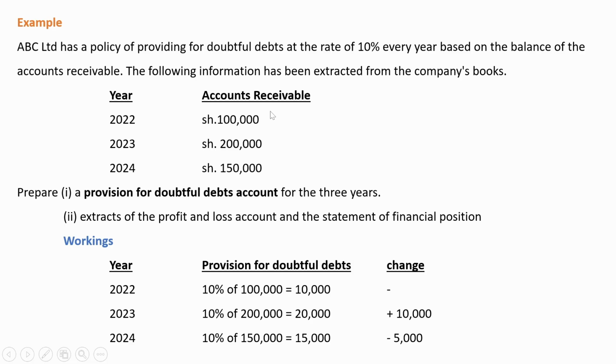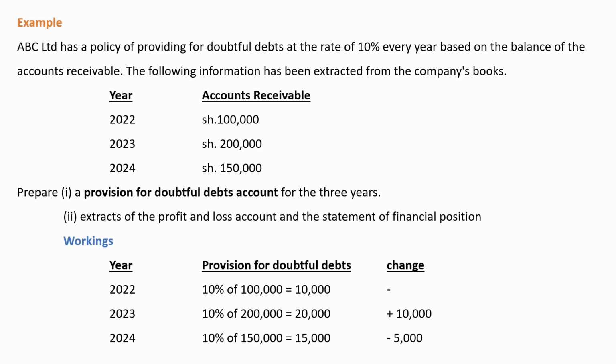We have accounts receivable 100,000, 200,000 and 150,000. Then you are required to prepare number 1, a provision for doubtful debts account for the 3 years. And then number 2, extracts of the profit and loss account and the statement of financial position.